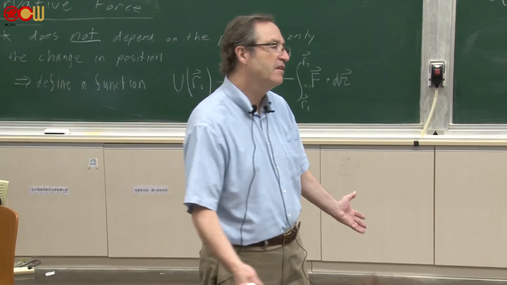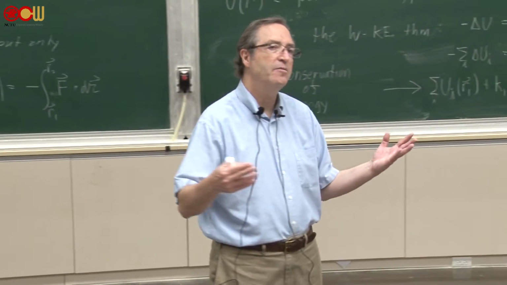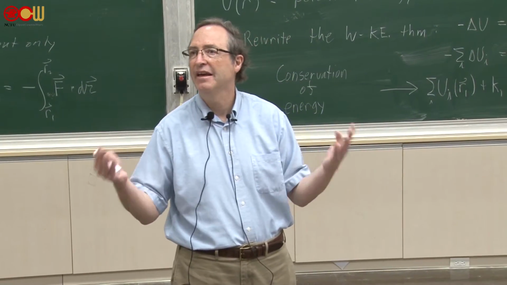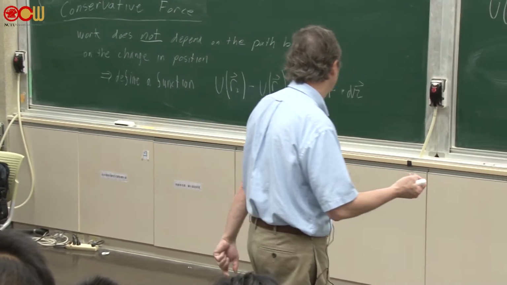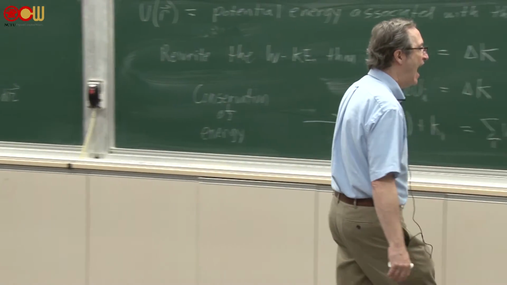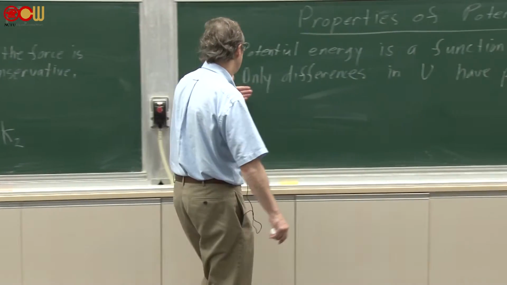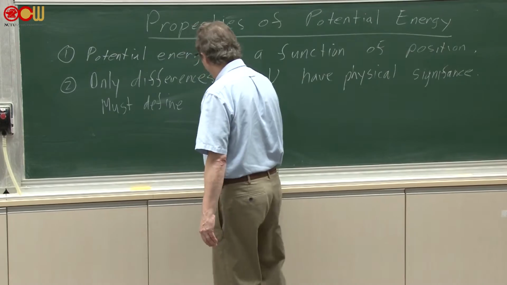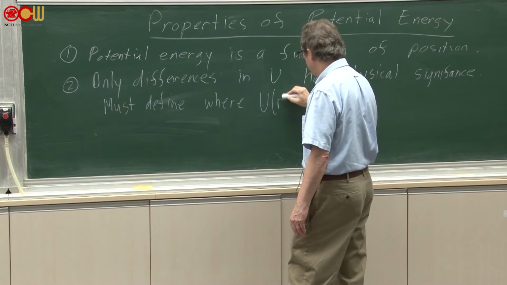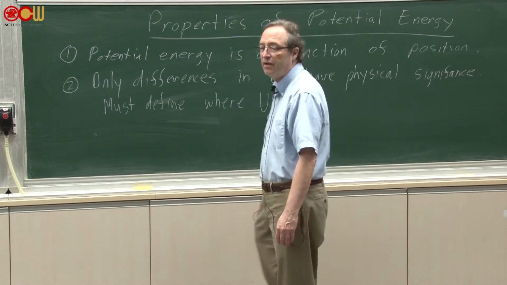It's no different than defining position. You have to give a reference point, an origin. So the same thing is true here. We have to define a zero. So we must define where U of R equals 0. All right?